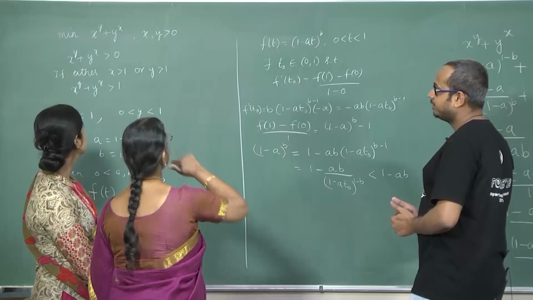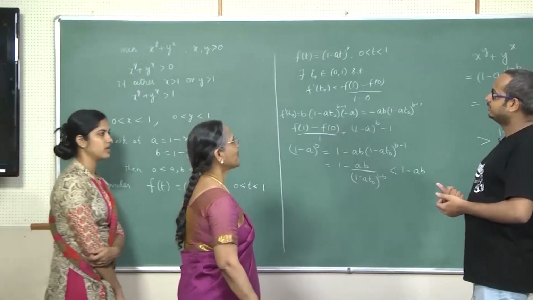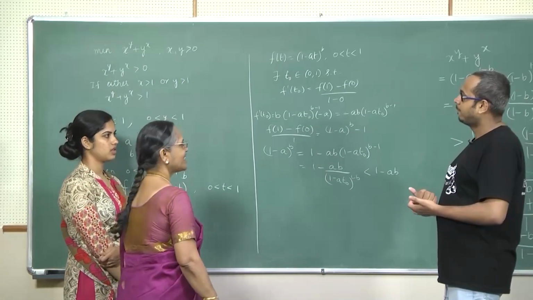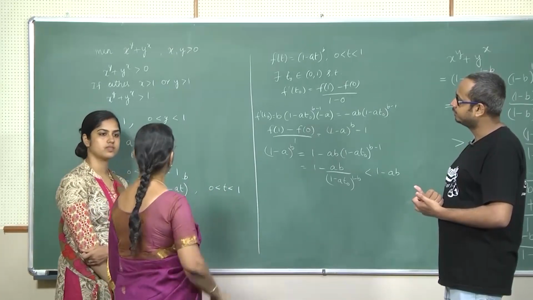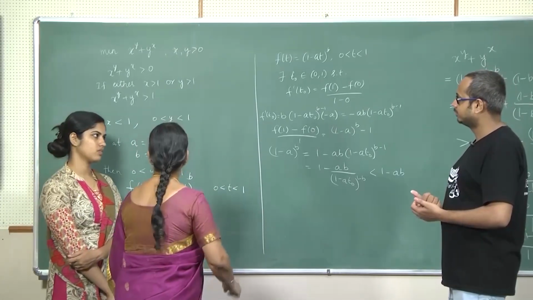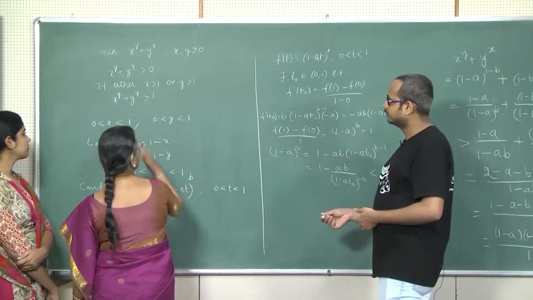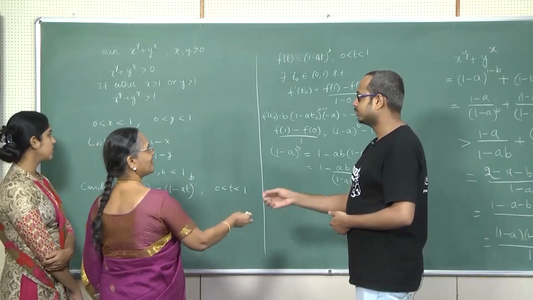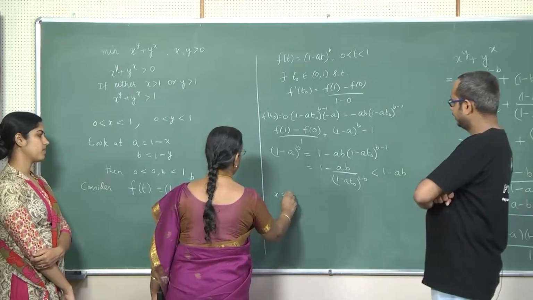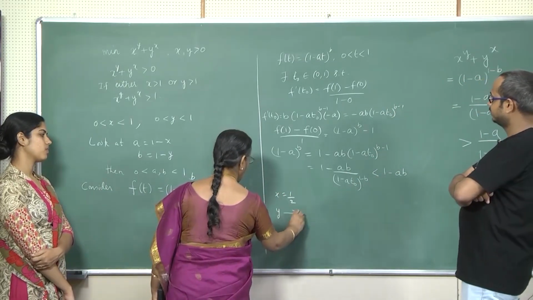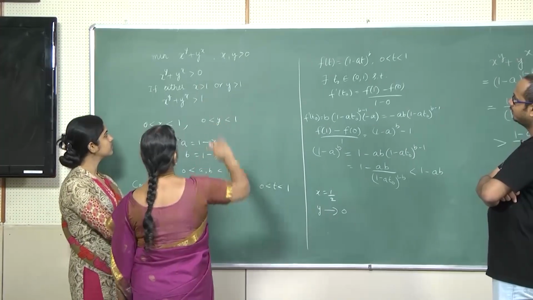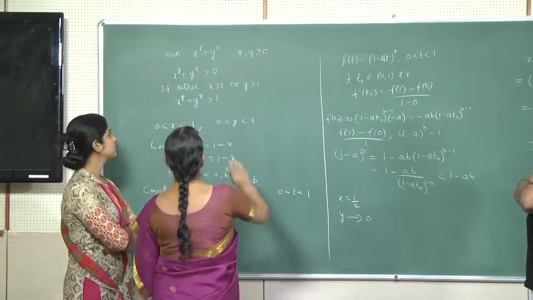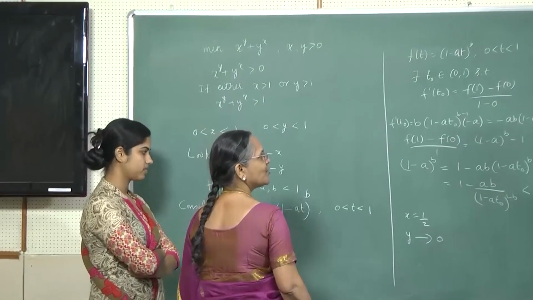You are asked to find the minimum of x power y plus y power x for x, y positive. Suppose I fix my x in the interval 0 to 1, say x equal to half, and I take y tending to 0. Then the second term approaches 0 and the first term approaches 1.